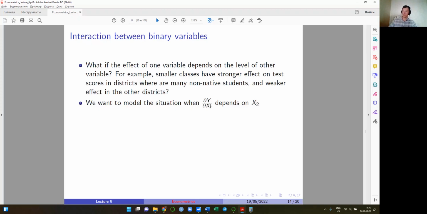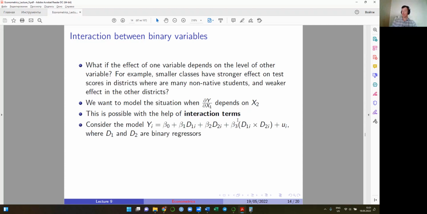In microeconomics, we have calculated something like the marginal product of labor, marginal product of capital, and in some versions of those functions, marginal product of capital might depend on the level of labor. The more labor you have, the more is the marginal product of capital. The same idea here. And we call a specific tool in order to model this an interaction term.